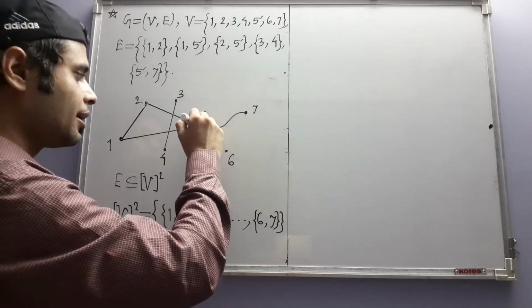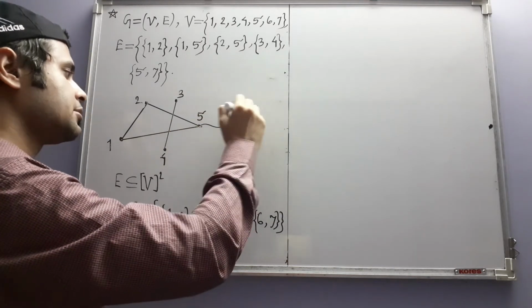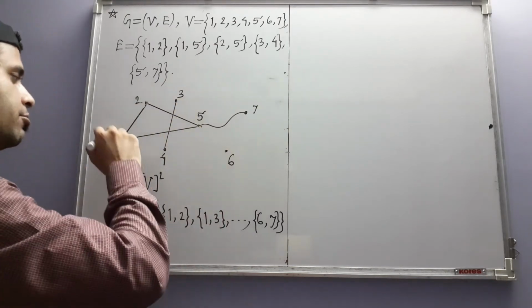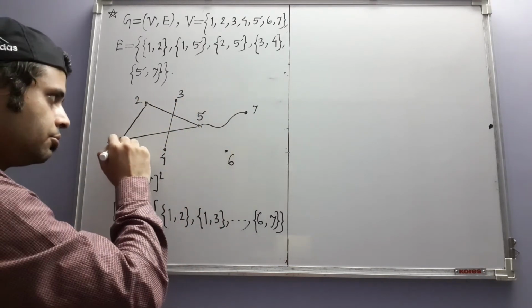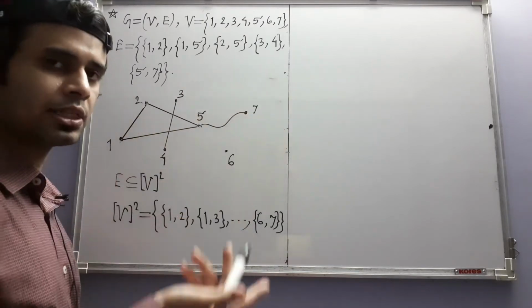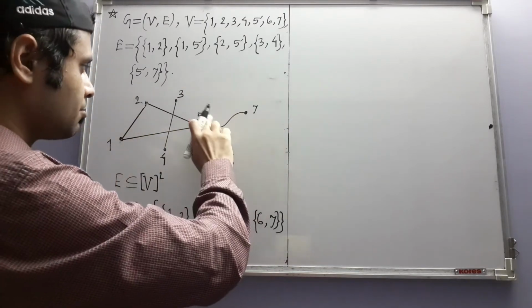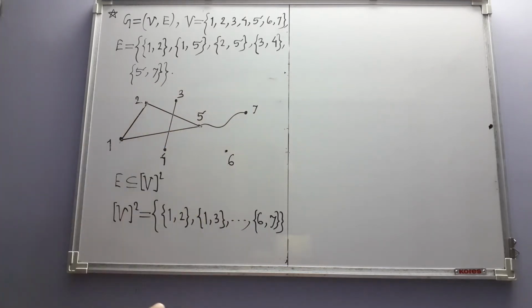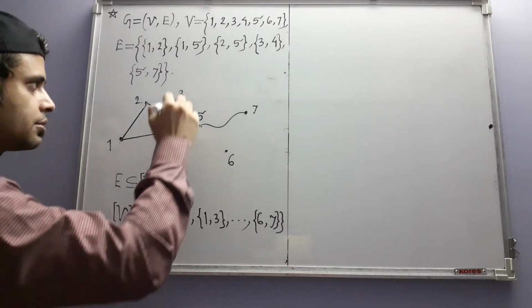If you start at 5, you can reach 7, you can go to 2, you can go to 1. If you start at 1, you can go to 2, you can go to 5 and then to 7 also. So you can start at any vertex in this part and reach any other vertex along the links.